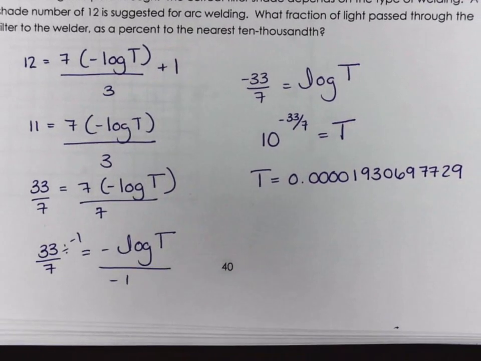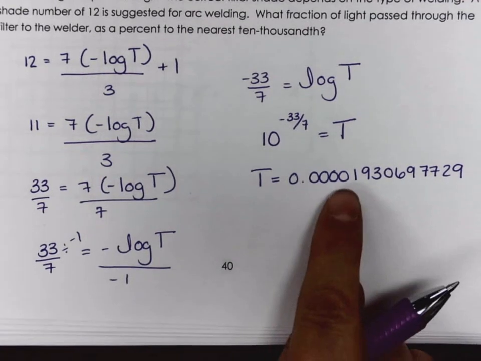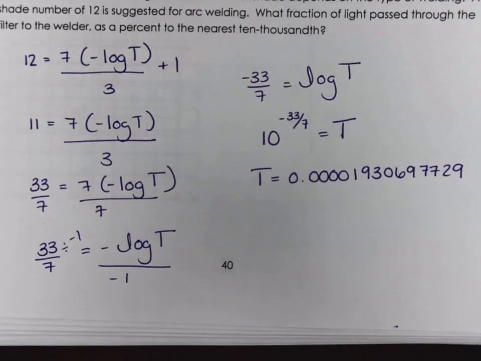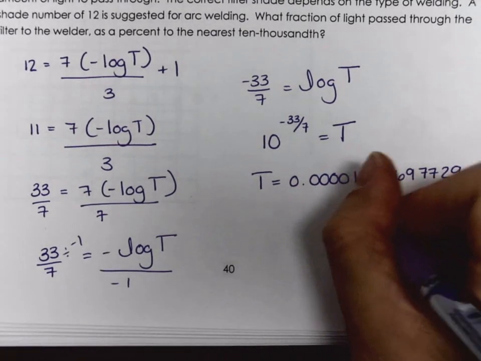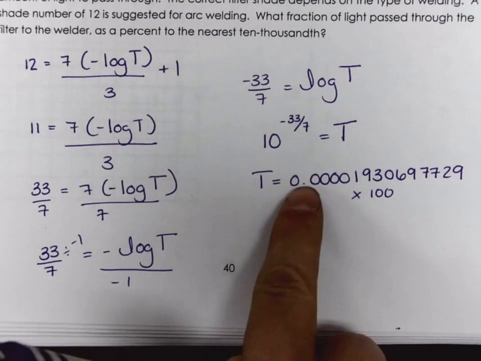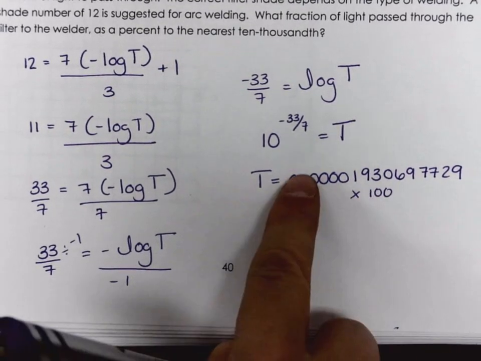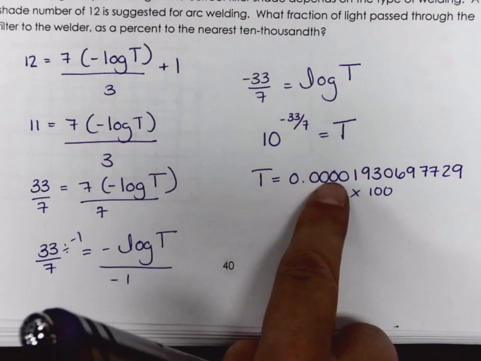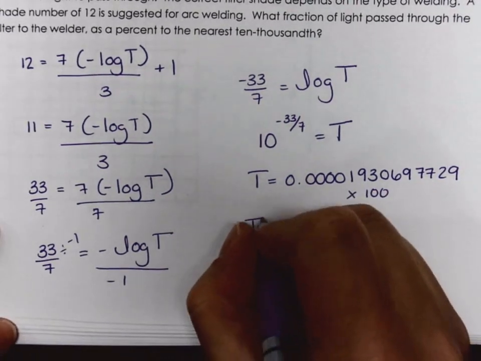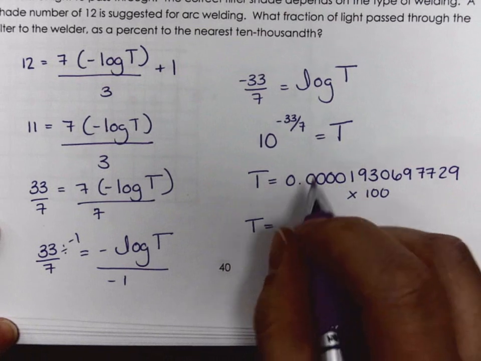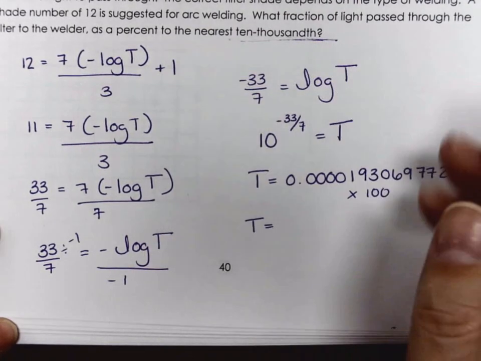And it says as a percentage. So how do I change that to a percent? How do we change any decimal to a percent? I'm going to times it by 100 to get it into a percent, which moves my decimal place 2 places to the right. So T is going to be equal to, there's 10,000.